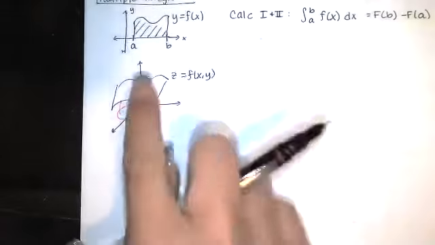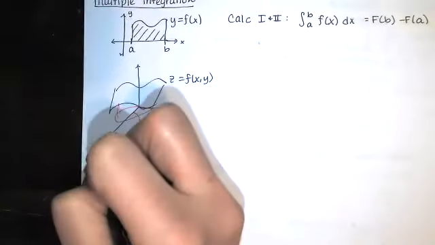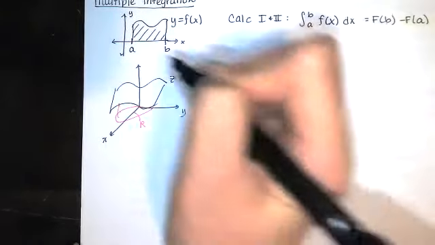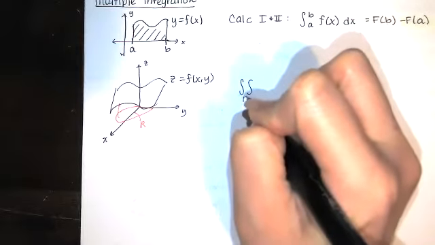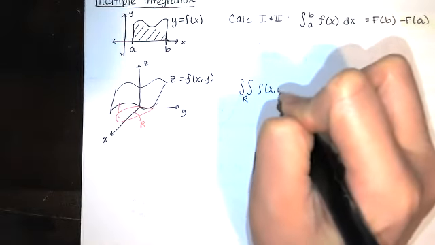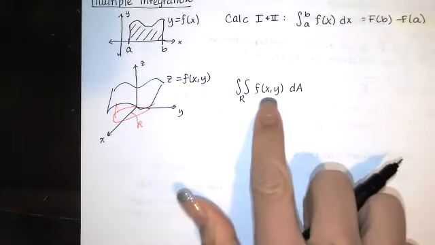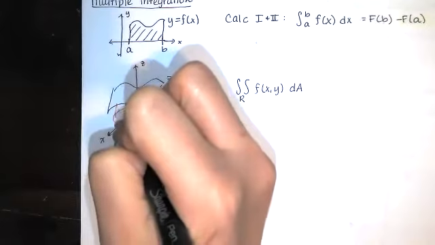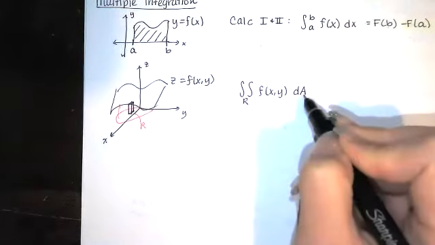And we wanted the volume under this surface above the region R. Well, then we said, just take the double integral of the z values. So I've got the z values, which would provide a height of a little rectangular prism, and then multiply by dA.